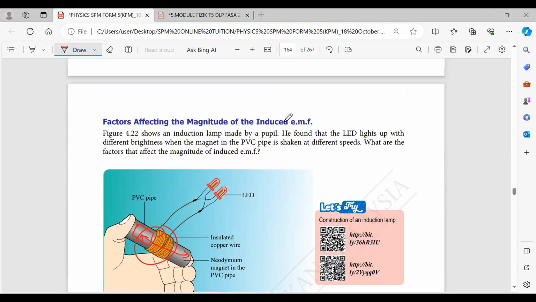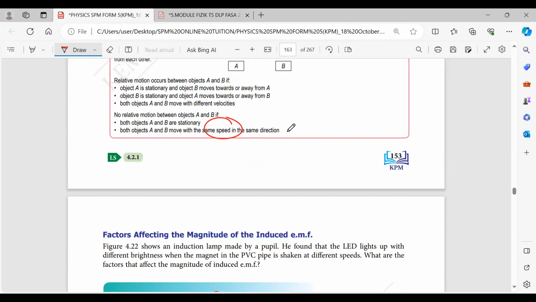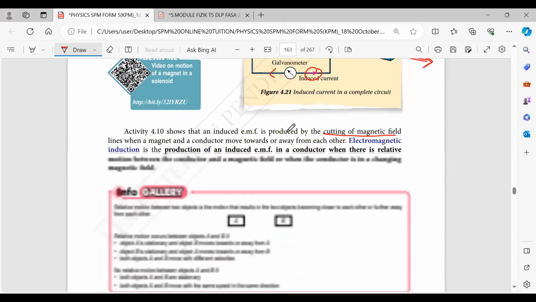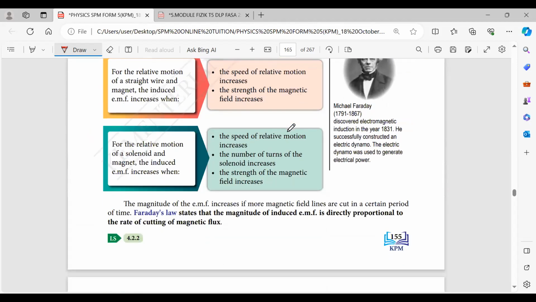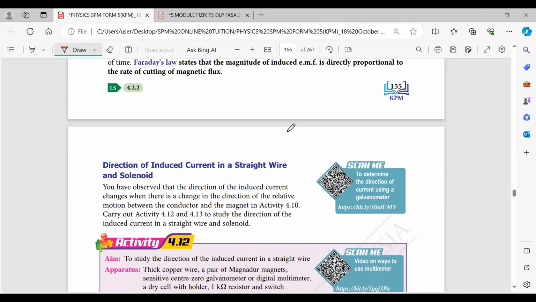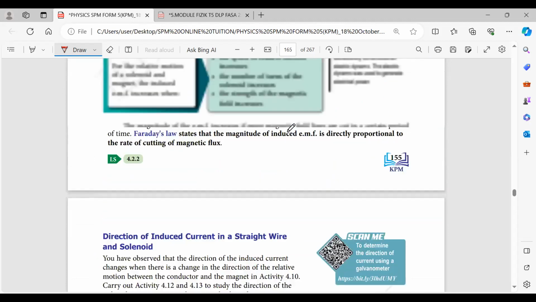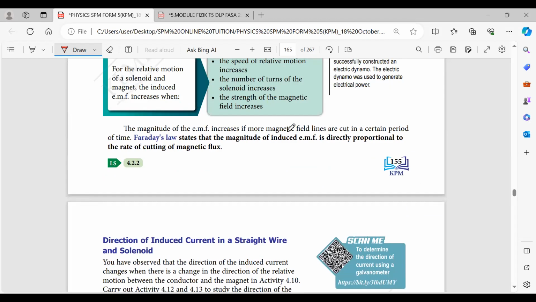One for sure, more number of turns will cause greater EMF to be induced. When you move faster, there is a greater relative movement, so the EMF induced will also be greater. So we will make a conclusion here.